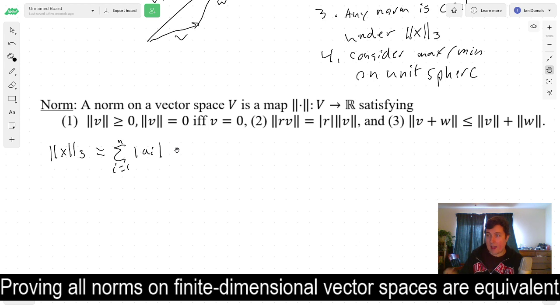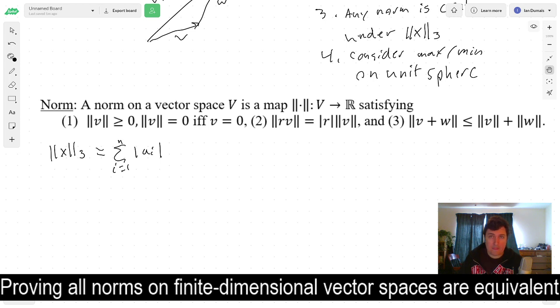When we take the absolute value, we're going to get non-negative numbers, adding them together, still non-negative. So the first part checks out. And the only way it's going to be 0 is if all of the coordinates are 0. If all the coordinates are 0, then it's the 0 vector, no matter the basis, because everything just goes to 0. So 1's done, just verbally.